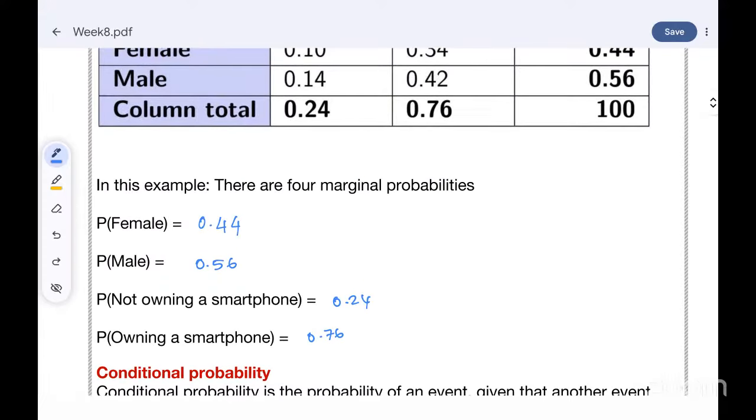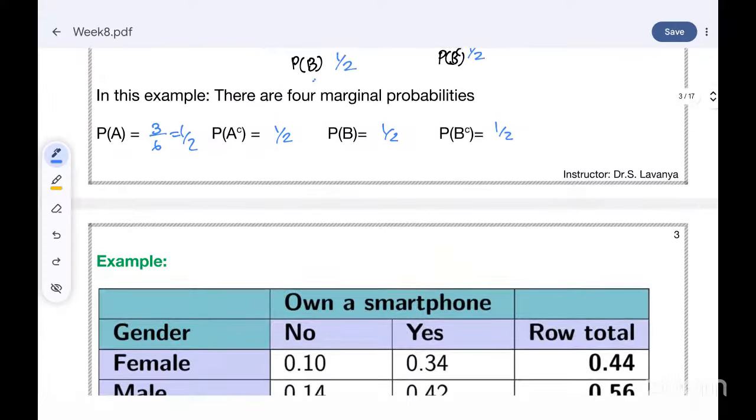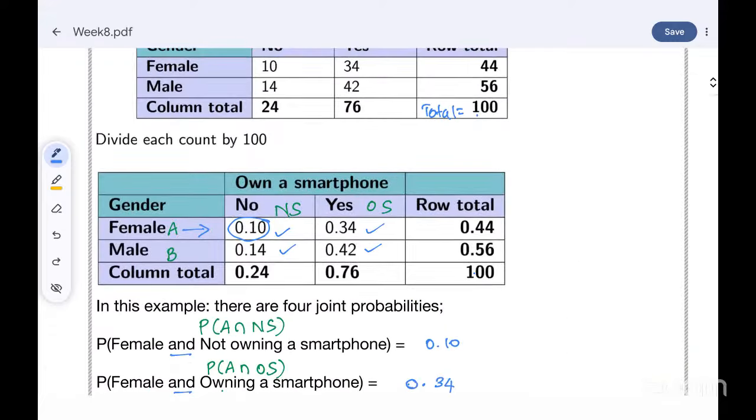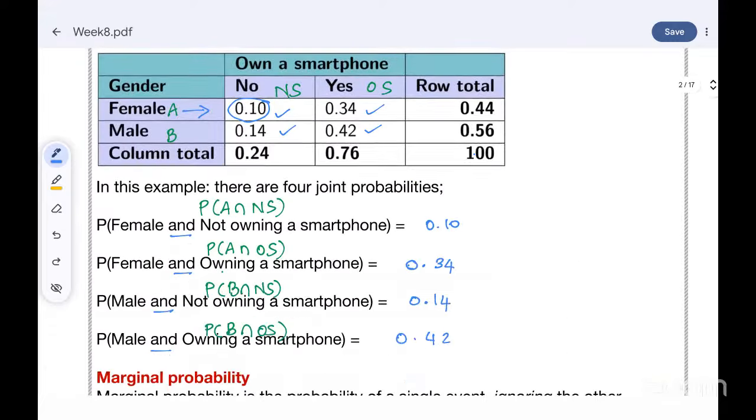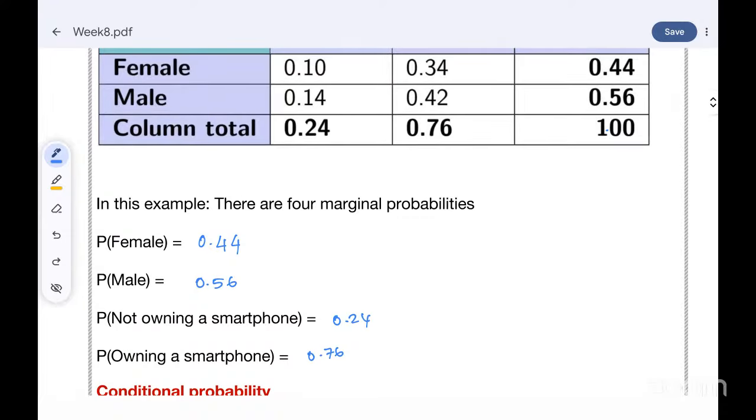One thing you can note is that the row sums and column sums, if you add them up, should be 1.